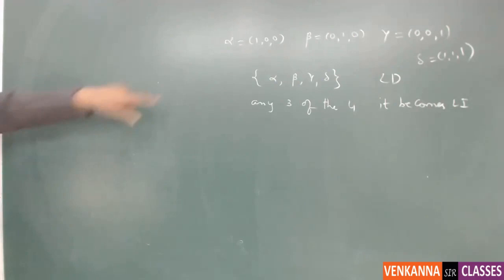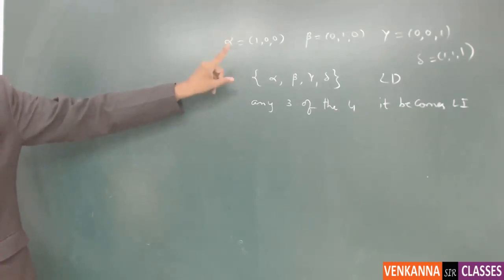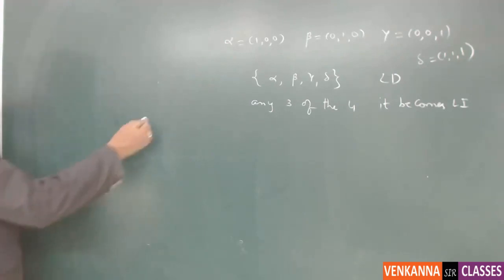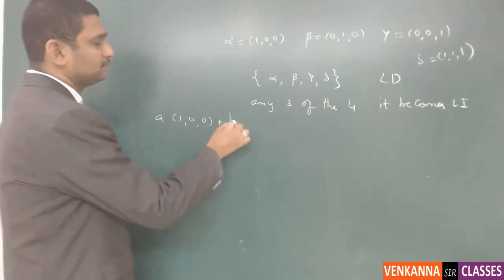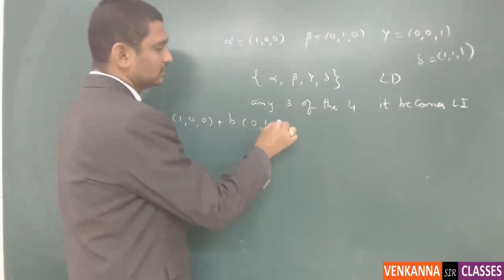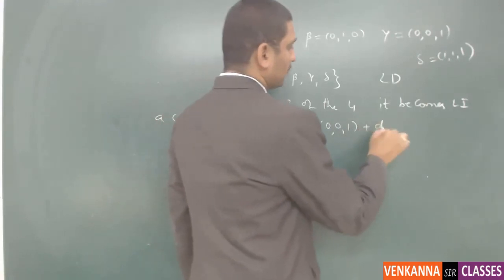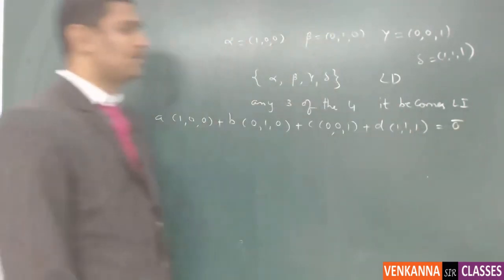So let us go with the first one. I have considered all the 4 vectors in one set, and I am going to prove that it is LD. How? Let us take the definition as it is. Take the scalars A, B, C, D such that the result is the 0 vector.